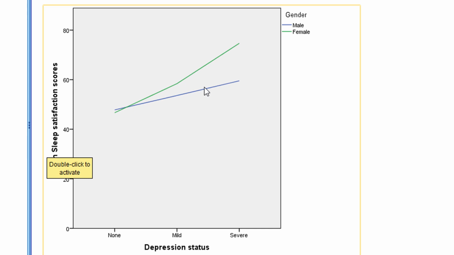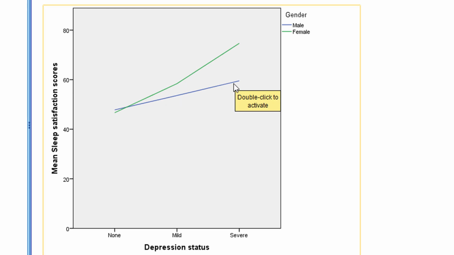And we see that there is a difference in the sleep satisfaction scores and depression status for males and females. You can see both the lines have a slope. Take males first. You can see as the depression progresses in severity, the sleep satisfaction levels tend to be poorer, and this is the maximum, here it is about, say, 55, the maximum score.